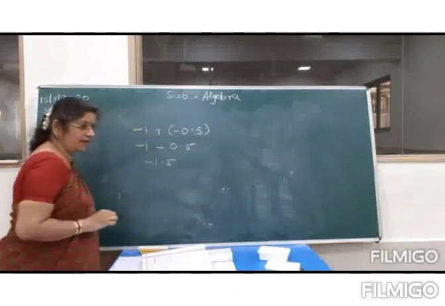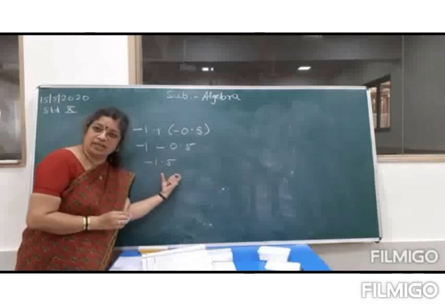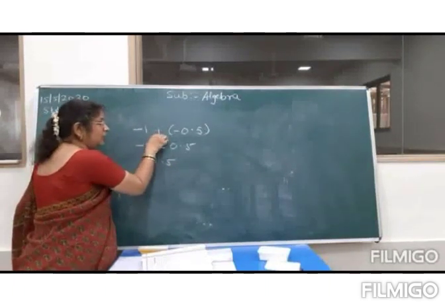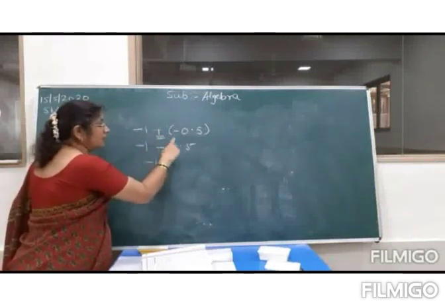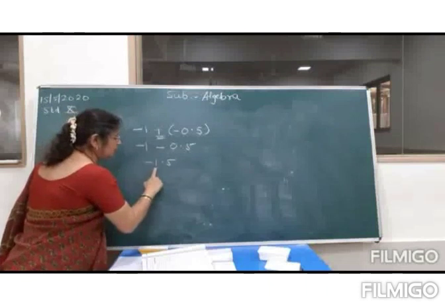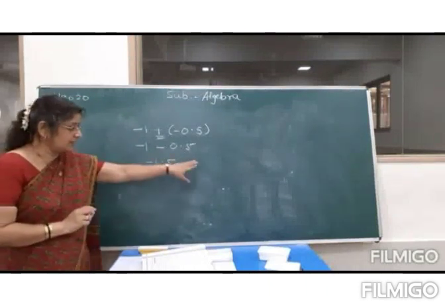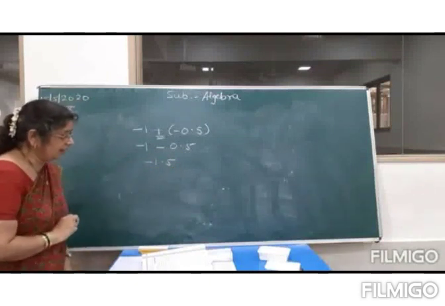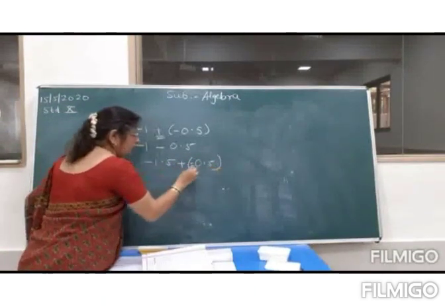Minus 1.5. Now you will be saying, here the minus sign is there, then how come it becomes 1.5? But actually what we are doing here, we are adding. So it becomes minus 1, minus 0.5, it becomes minus 1.5. Now the next term: again in the minus 1.5, you will be adding plus minus 0.5.